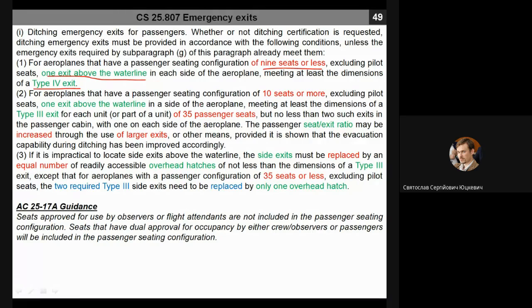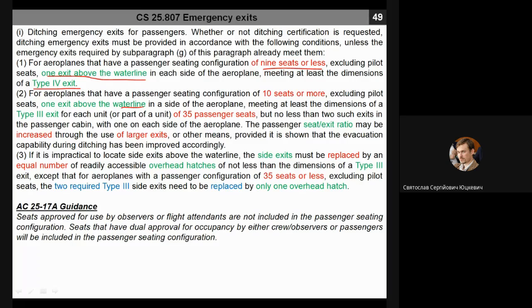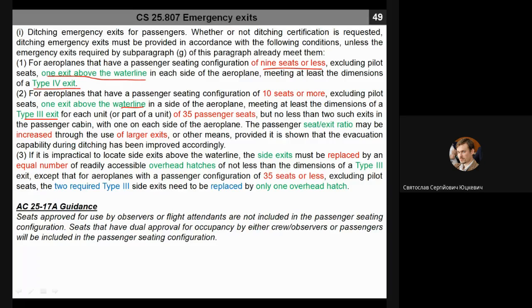For an airplane that has 10 or more passengers, it should be one exit above the waterline. Then, according to the number of passengers on board, it will be a type 3 exit, and it will realize 35 passengers' evacuation. And also you could increase this type 3 exit. It will be a mid version between type 3 and type 2 to increase the ratio for the evacuation.